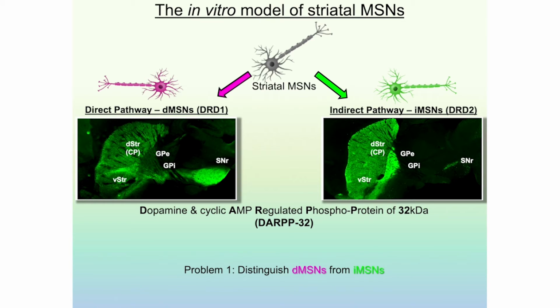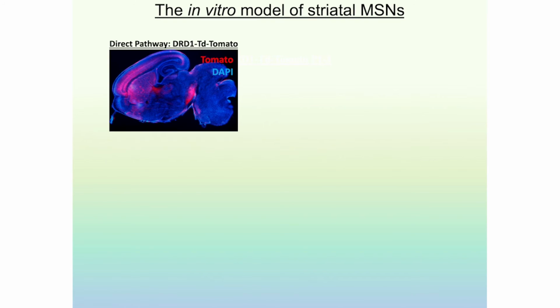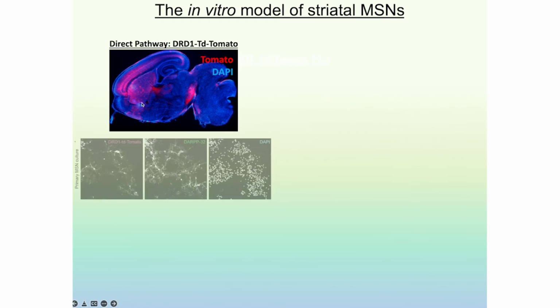So the first problem that we had was how to distinguish the direct pathway medium spiny neurons from the indirect pathway. And as you can already see, this just works so far with transgenic mice. So to identify direct pathway medium spiny neurons, we used these dopamine receptor 1 tandem tomato mice. They express the fluorescent dye tomato under control of the dopamine receptor 1 promoter in striatal direct pathway neurons.